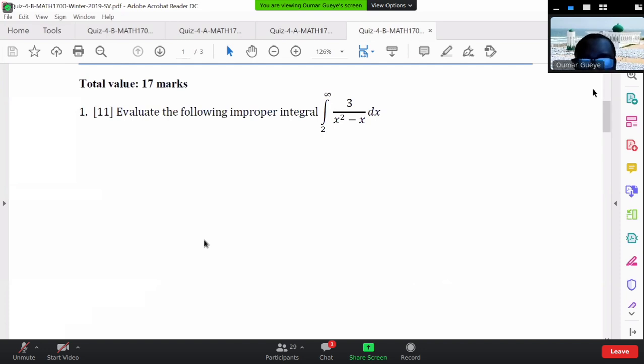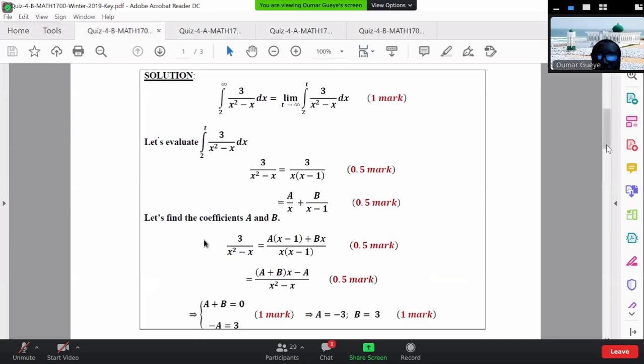So you guys are done? All right, so let's see the solution. Okay, as I told you, we first remove infinity, subtract by t, and then we're going to calculate this integral.